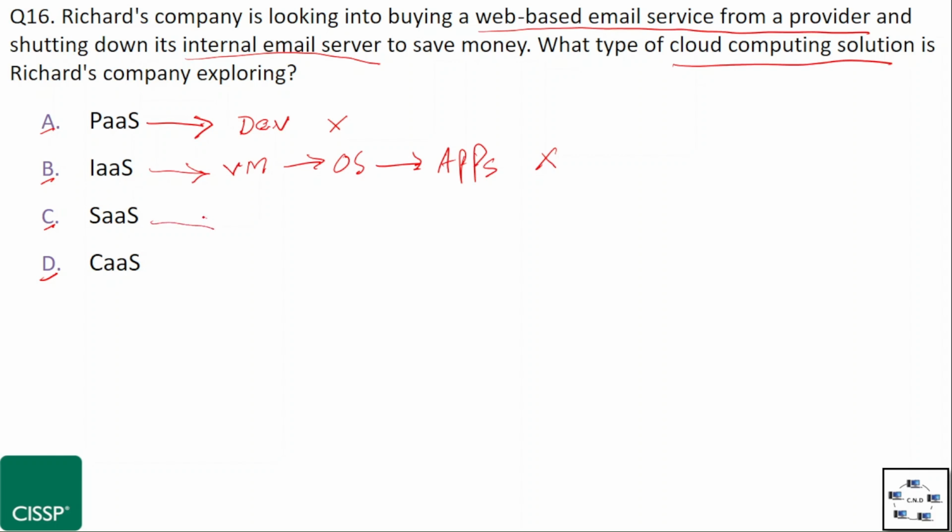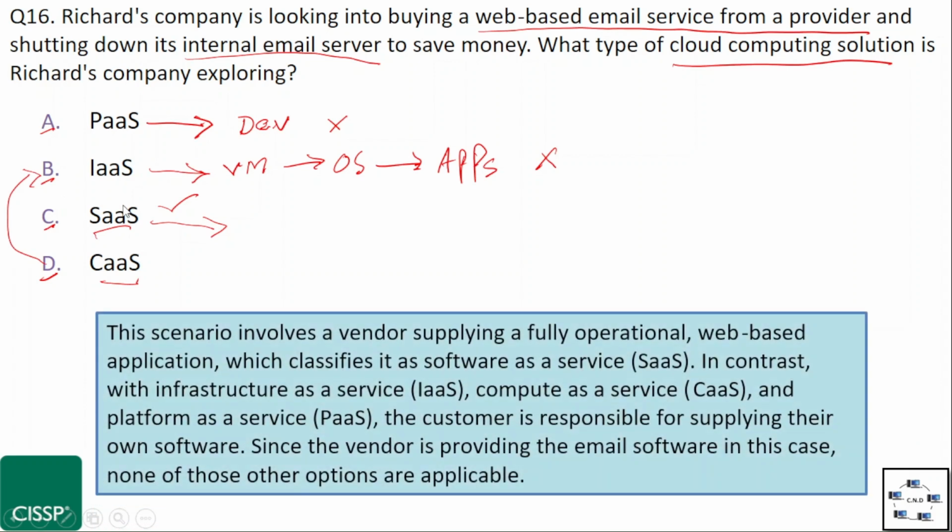Software as a service is the type of cloud computing where the cloud provider gives you the software application ready-made inside the cloud, and the user only uses it. So this is the correct option. Compute as a service is again similar to infrastructure as a service. So the correct option is software as a service.